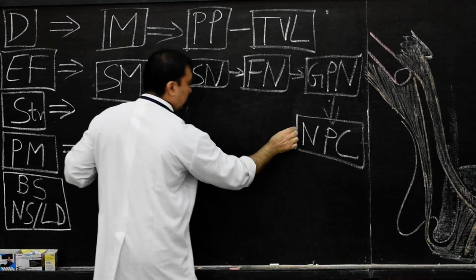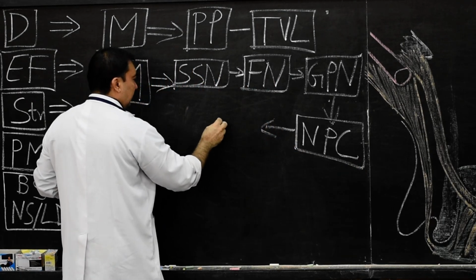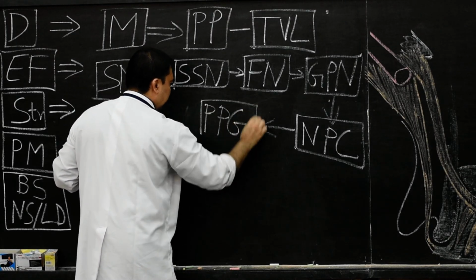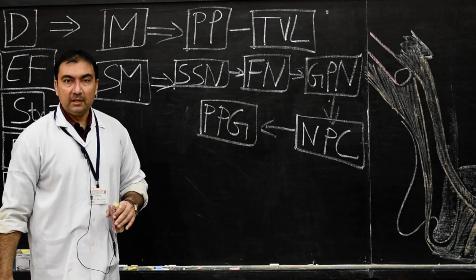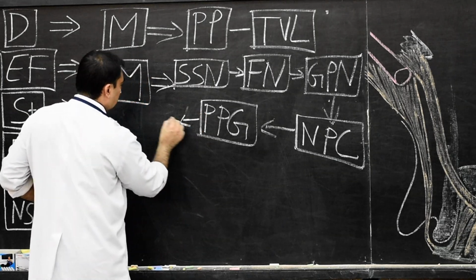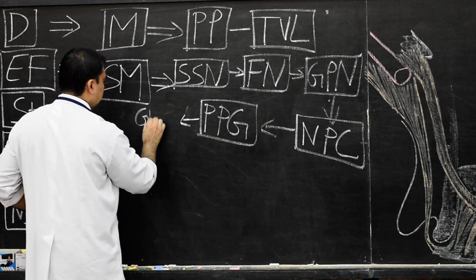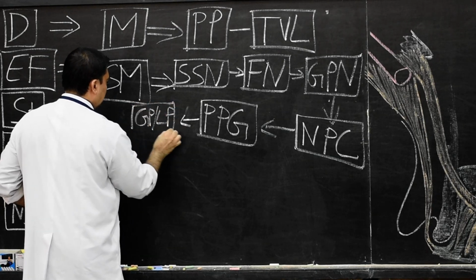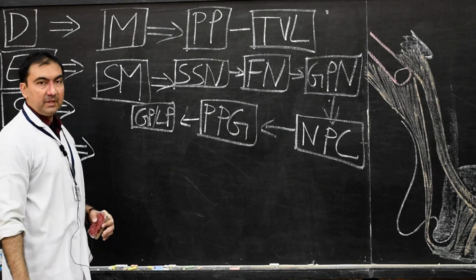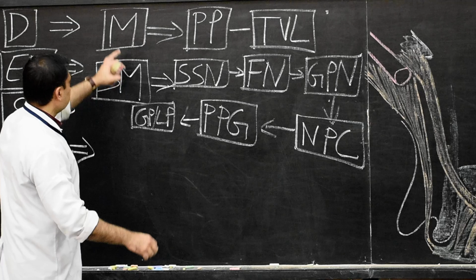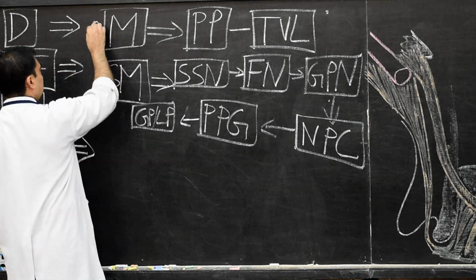From the nerve to pterygoid canal, it will directly relay in pterygopalatine ganglion. Postganglionic fibers from pterygopalatine ganglion will pass through the greater palatine and lesser palatine nerves, and directly supply soft palate.